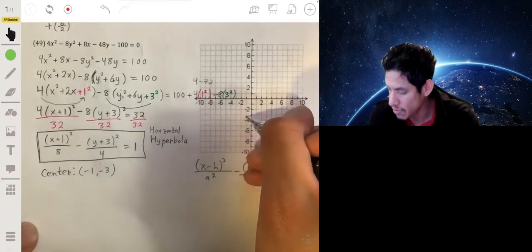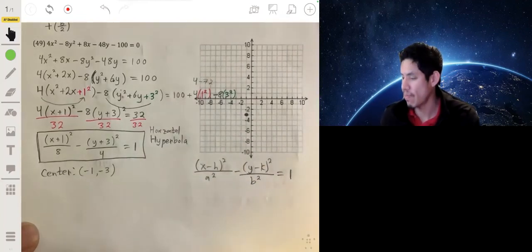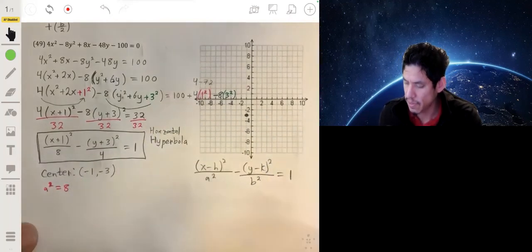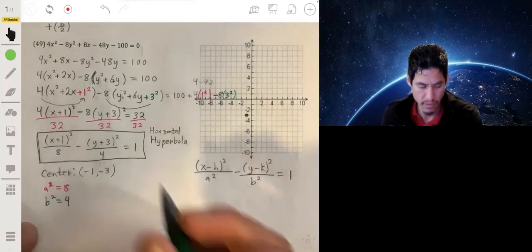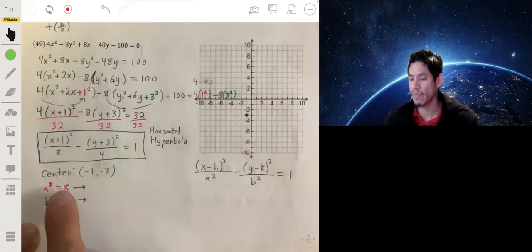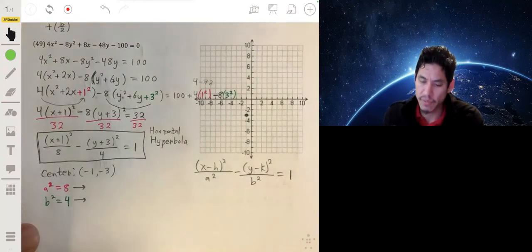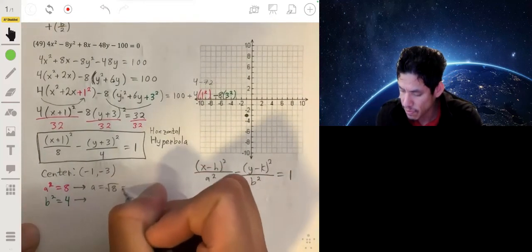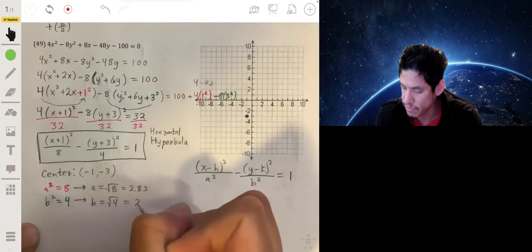So our center will be over here. And then our a squared is equal to 8, and our b squared is equal to 4. So a will be the square root of 8, which will be about 2.83, and b will be the square root of 4, which will be 2.